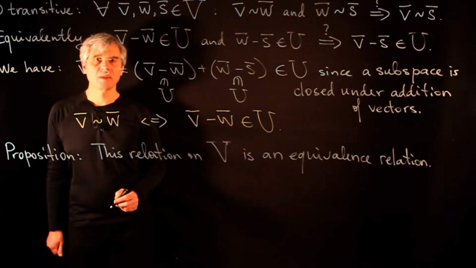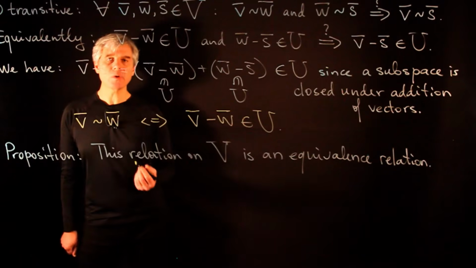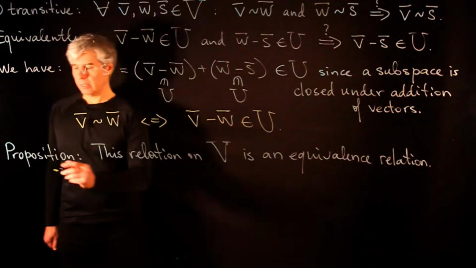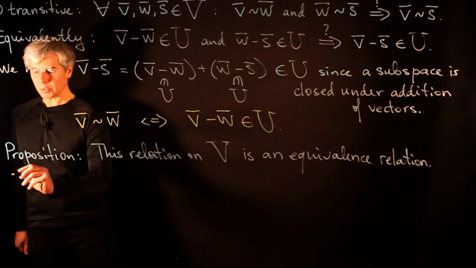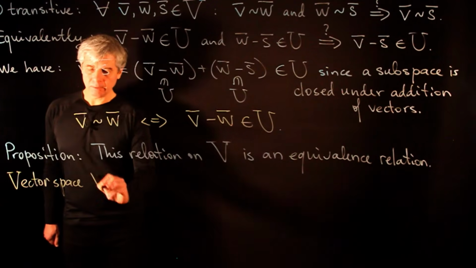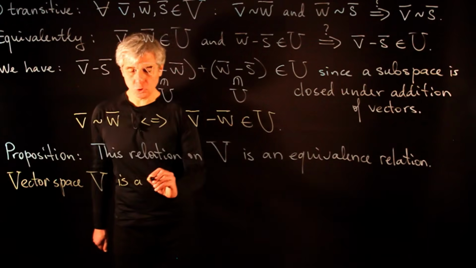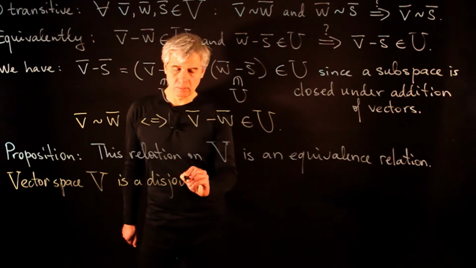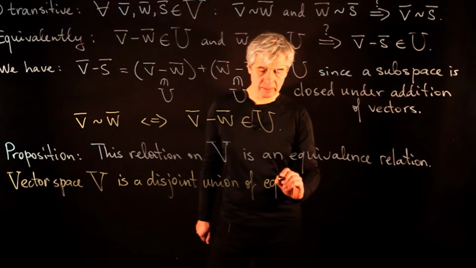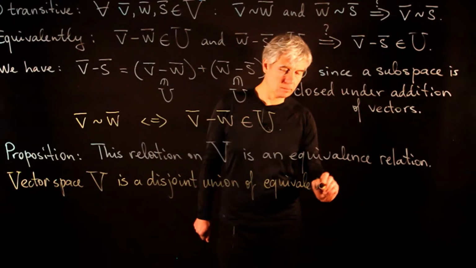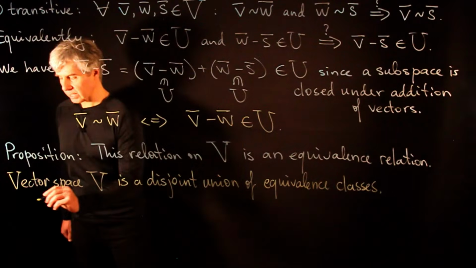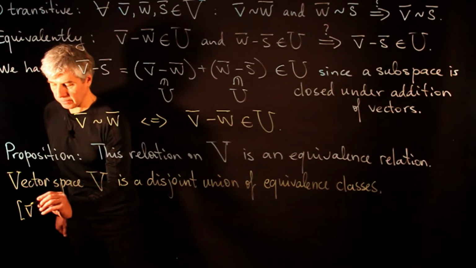Whenever we have an equivalence relation, we know that we can represent our set as a disjoint union of equivalence classes. So this tells us that our vector space V is now a disjoint union of equivalence classes. So let us look at equivalence classes. What's an equivalence class of a vector v?